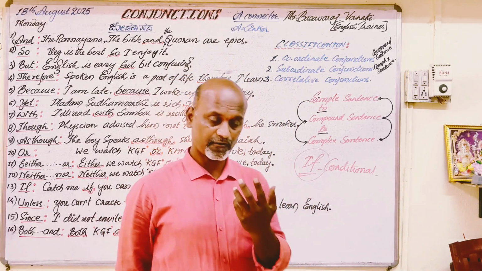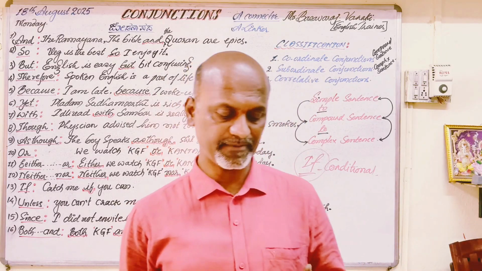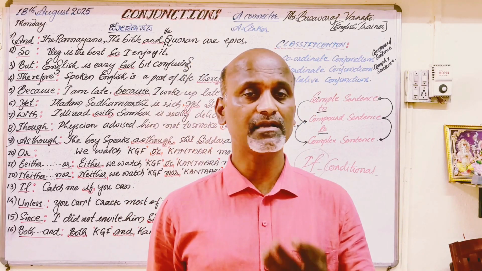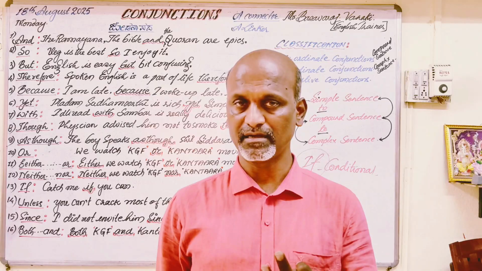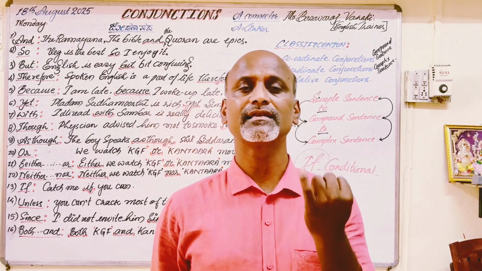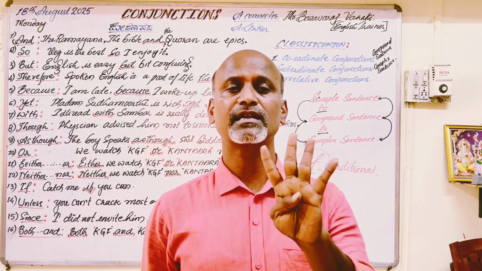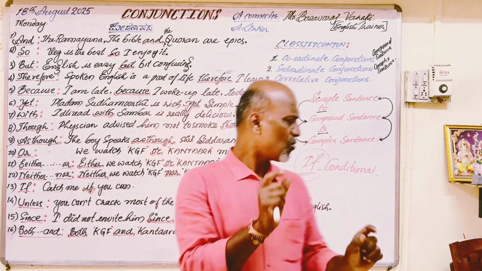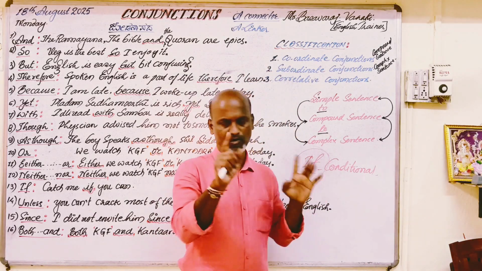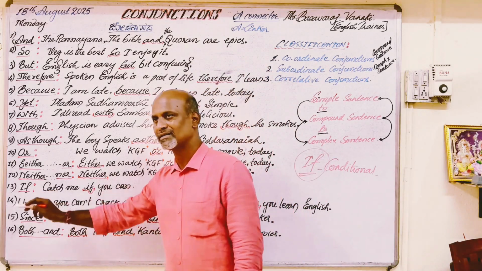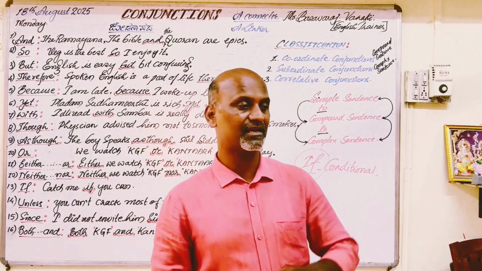There are 4 kinds of conditionals in English. We say conditional 0, conditional 1, conditional 2 and conditional 3. 0 to 3, there are 4 conditionals. I have chosen one among them, if. Look at the sentence. Now you may ask me what is the meaning of if in Hindi and Kannada.